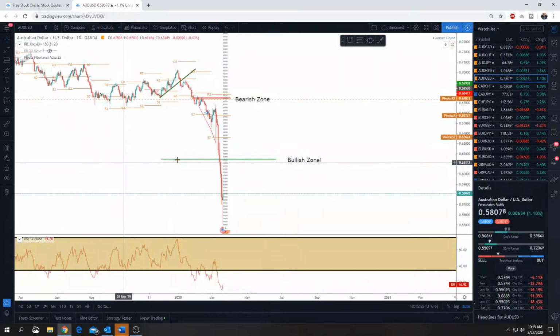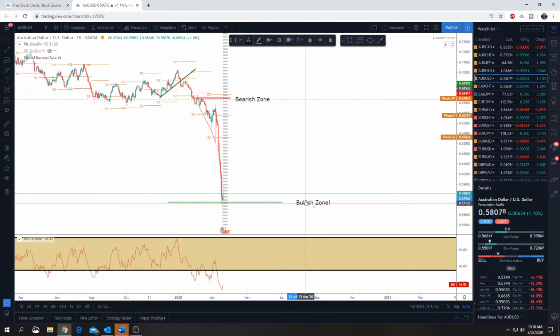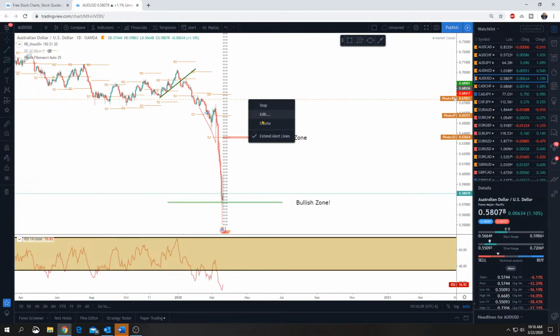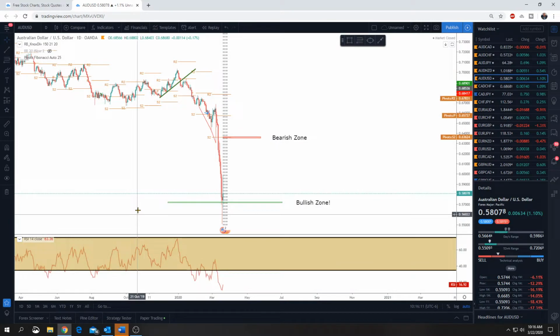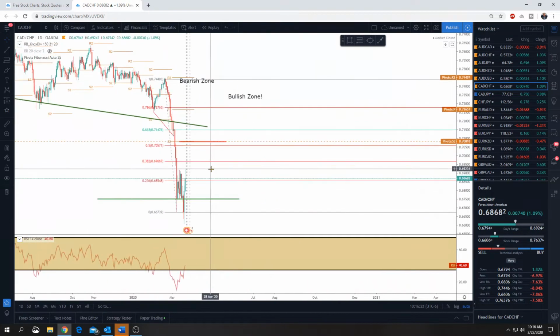Australian dollar, US dollar. Holy moly. Kind of like that area. We're way up here. Let's put it right there. I'm just going to delete this alert because we were way up there. All right, so prior to this craziness, looks like we were looking for a pullback.